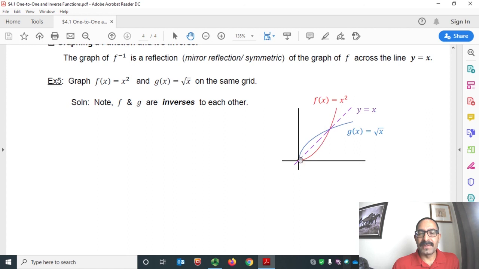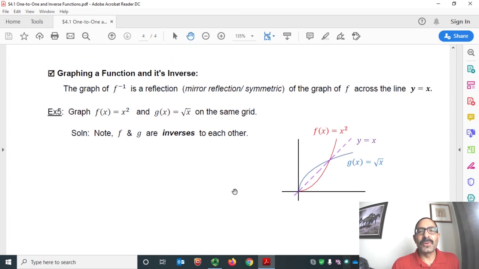Because I only picked the one branch here. This part I don't care. And y equals radical x is this graph. Again, this part I don't care. So then here the graphs of x squared and radical x are symmetric about the line y equals x. Great. I hope this makes sense to you all.